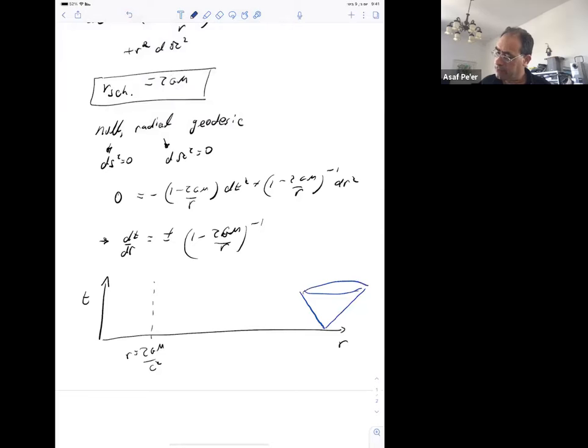The photon, of course, travels on the light cone, and an observer will travel somewhere in the middle. But as we get closer and closer to this special radius, dt over dr will go closer and closer to infinity, especially at this radius. So that means that the possible light cones will get narrower and narrower.